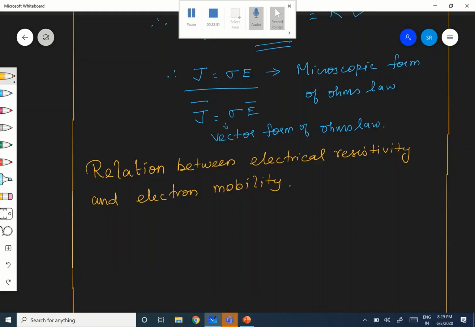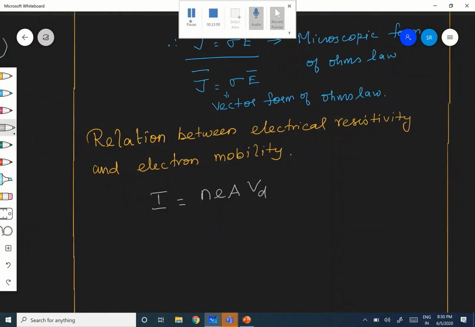See, you know electrical resistivity and electron mobility. So once again you go to I is equal to NEAVD. And therefore you know that J is equal to I by A, that is equal to NEVD. But I want to somehow bring electron mobility here.